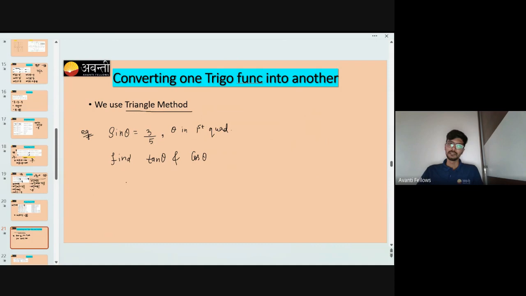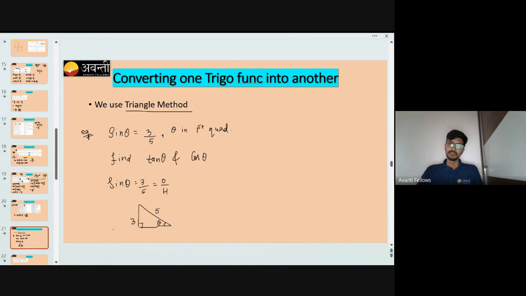The way I approach this is, if sine theta is 3 upon 5, we all know how sine theta came by original definition. If this angle is theta, sine is basically opposite upon hypotenuse. So opposite is 3, hypotenuse is 5. Now I hope you are familiar with Pythagorean triplets.